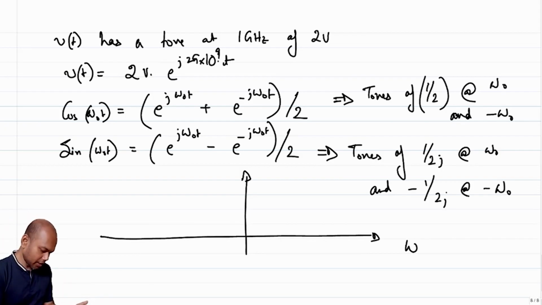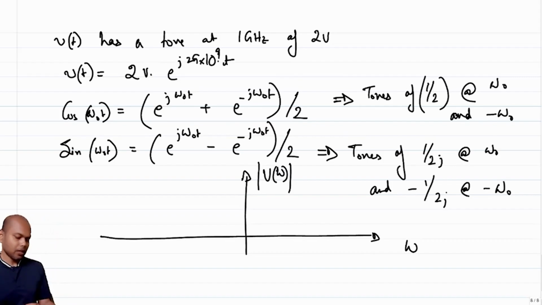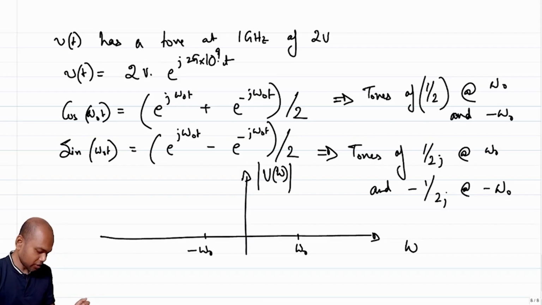Here I am plotting the strength of V of omega, not V of t. You can think of it as plotting the amplitude of the sinusoid. So this is only a single tone signal, and the tone is at plus omega naught and minus omega naught, right?